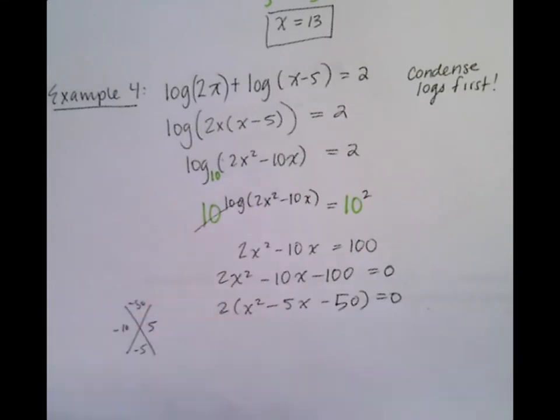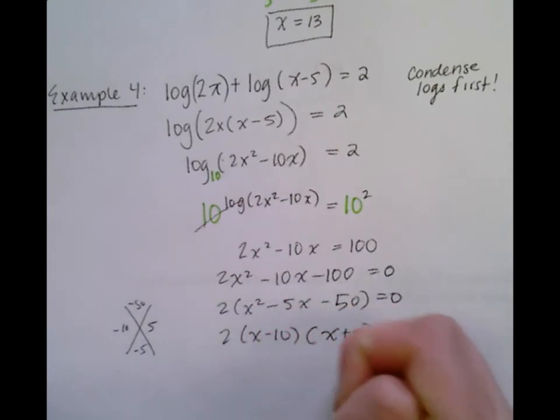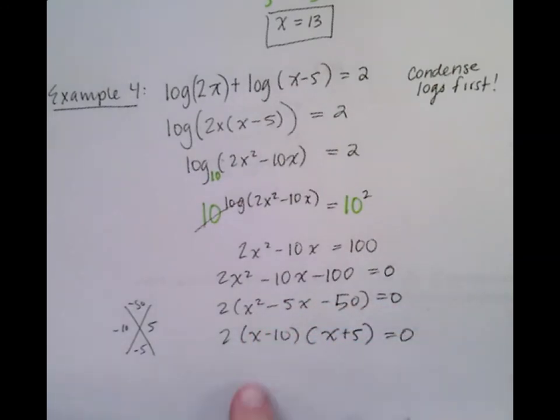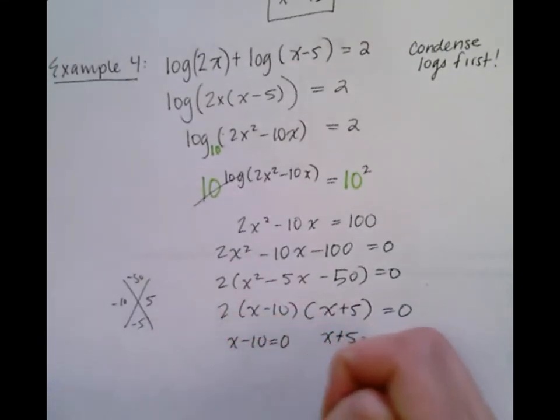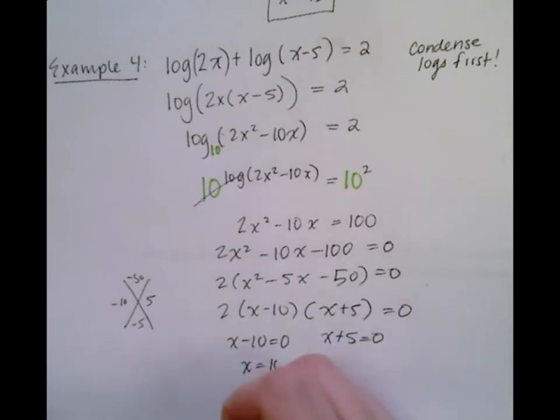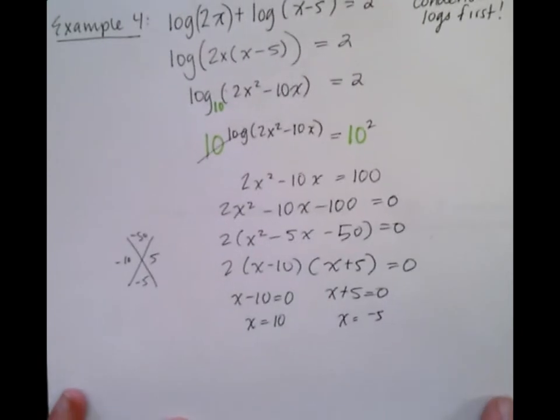Yes. Negative 10 and positive 5. So we got x minus 10, x plus 5, set each one equal to 0. And we get x equals 10 or x equals negative 5.